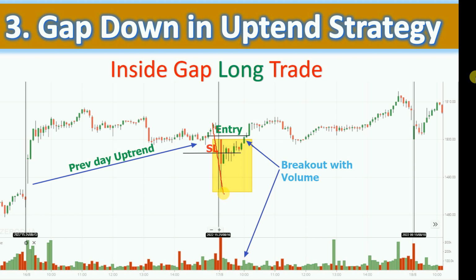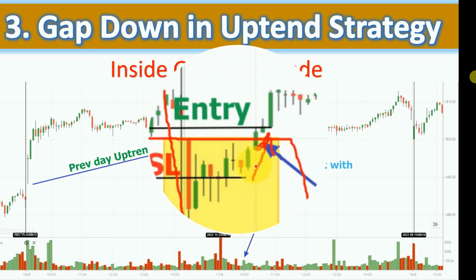So what we will do, we will mark the initial swing range, which is this range, and we will wait for the breakout of this range, either upside or downside. See this one. This breakout happens in the up direction, and see the volume as well for this breakout.